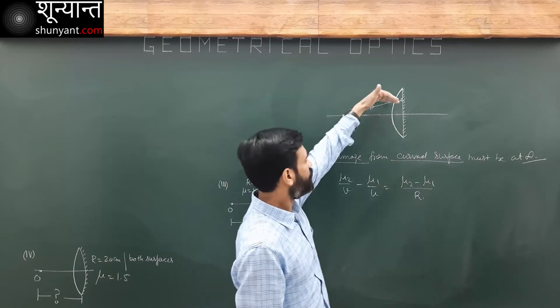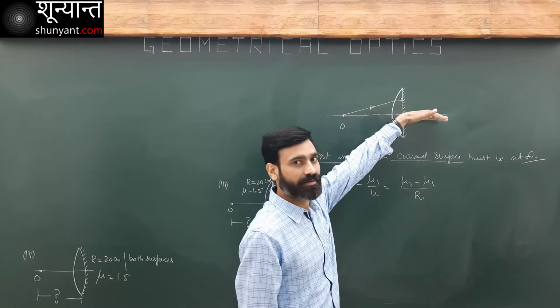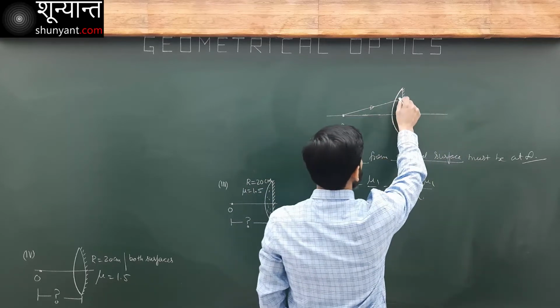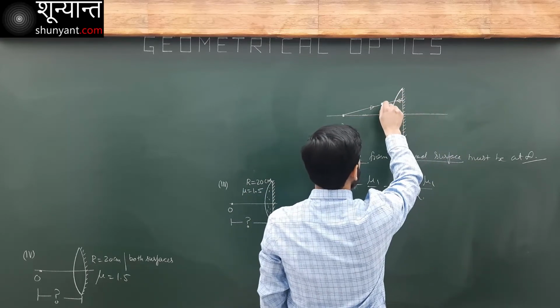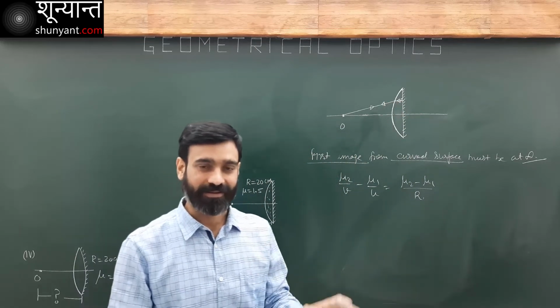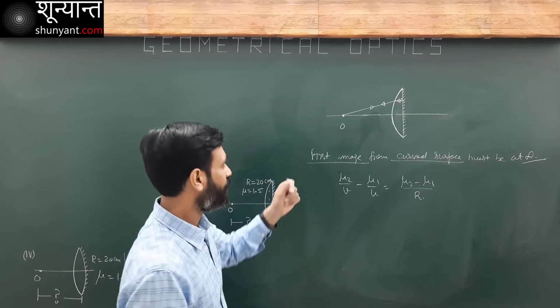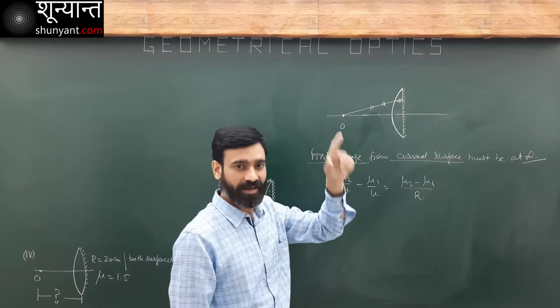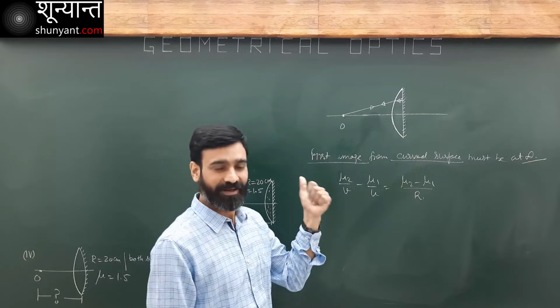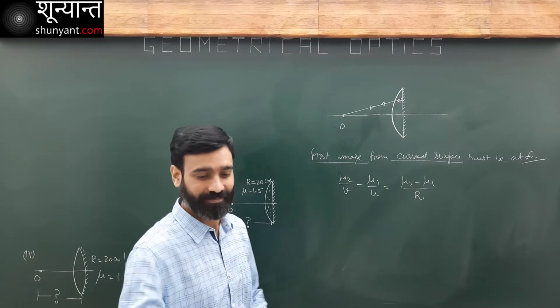That's how it will become parallel to the principal axis and hit the mirror normally. Then this light ray is going to retrace, and whenever light retraces, it retraces its complete path. From wherever it started, it is going to reach back to that point. So that's how I will get my final image coinciding with the object.